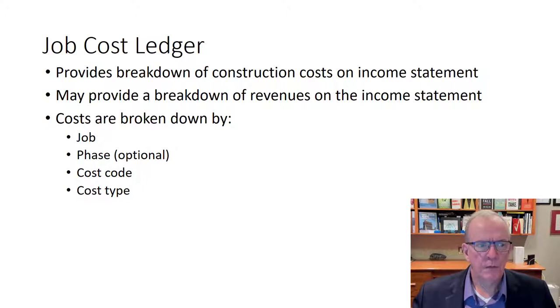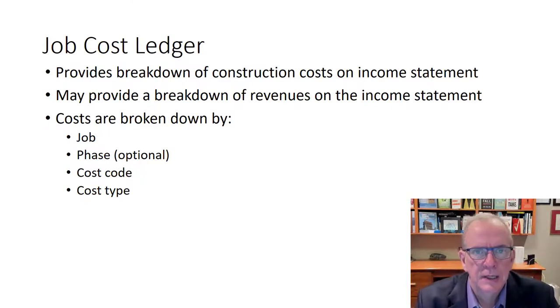When we're talking about cost breakdowns, a project may be broken down. If we think about a business, it has several financial statements: an income statement, a balance sheet, and a cash flow statement. There's usually a bunch of ratios used to check the health of the business and how it's progressing.